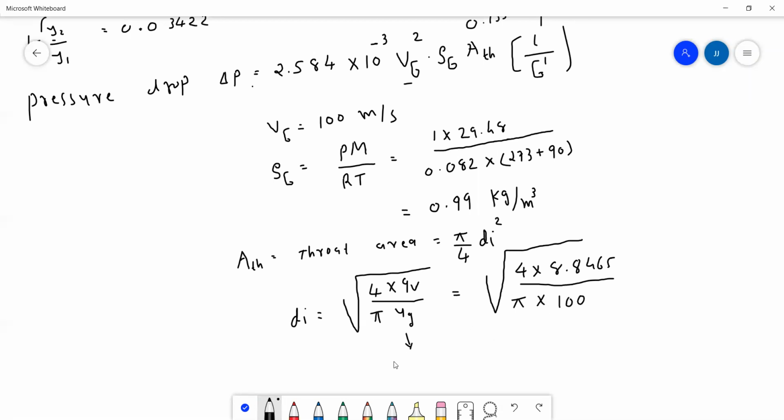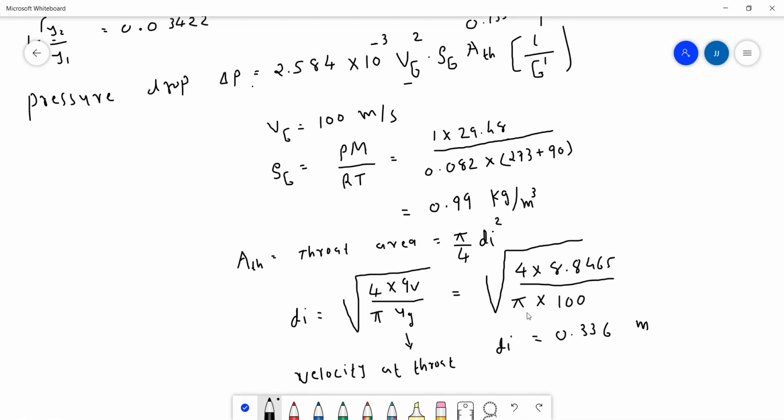We write velocity at throat, UG, this is 100. If you solve this, you will get di equal to 0.336 meter.